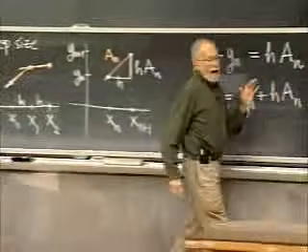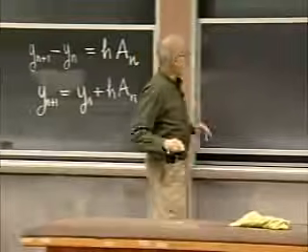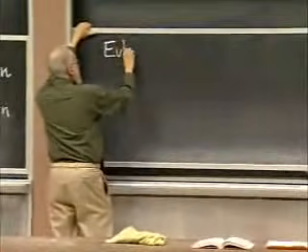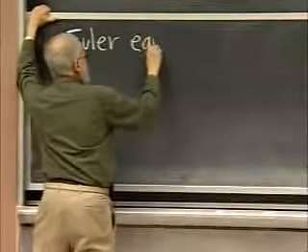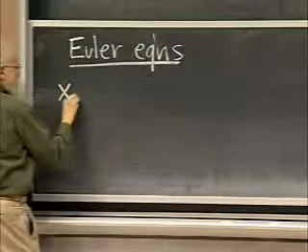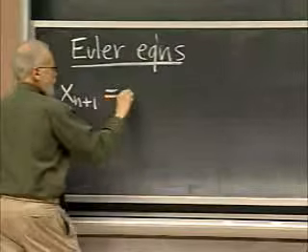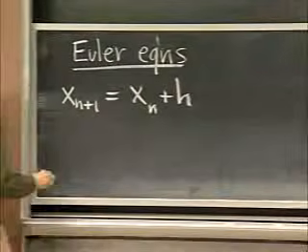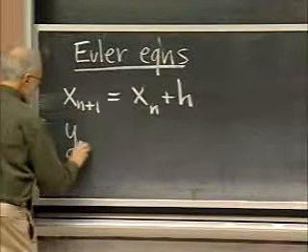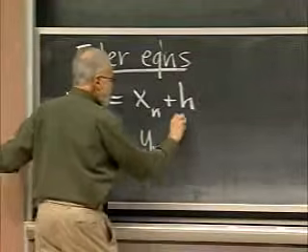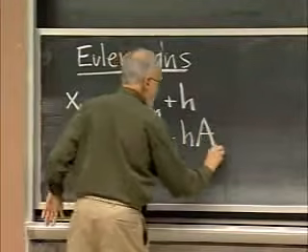Well, the computer has to be told that an is the value of f. So now, with that, let's write the Euler method equations. Let's just call them the Euler equations. What will they be? First of all, the new x is the old x plus h. The new y is the old y plus h times a certain number an.